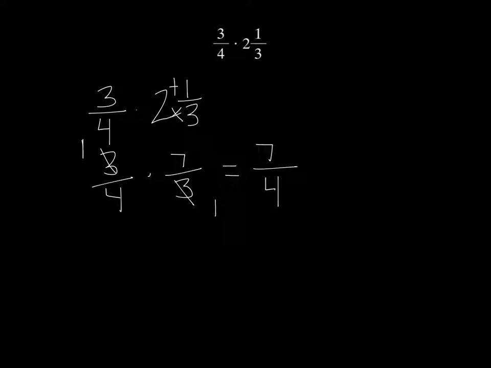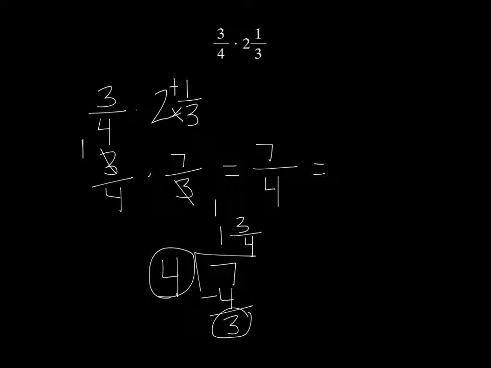Okay, so we're done, but we should really move this back into a mixed number. So I could do the top divided by the bottom to figure out what my mixed number would be. 4 goes into 7 one time, with 3 left over, so it would be 1 3/4.